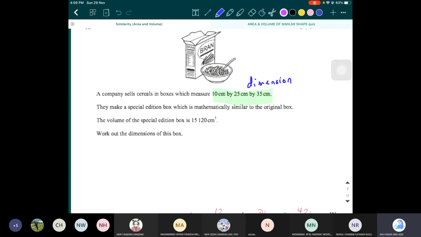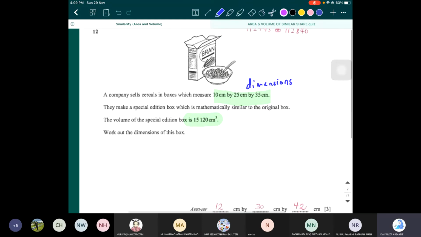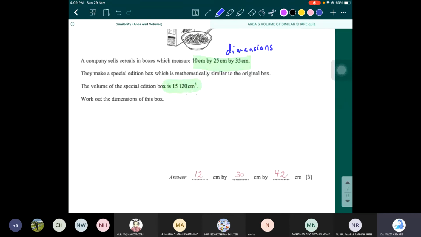The volume of the special edition is 15120. Work out the dimensions of this box.